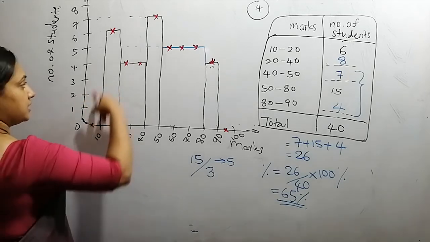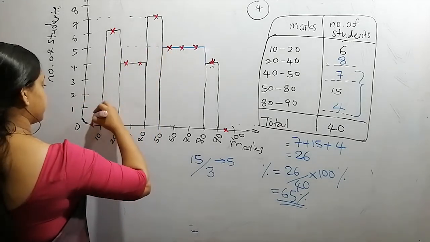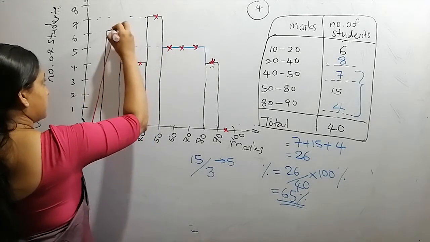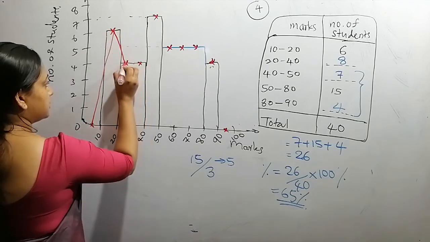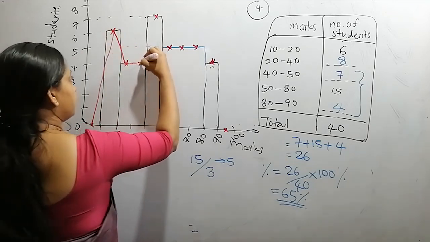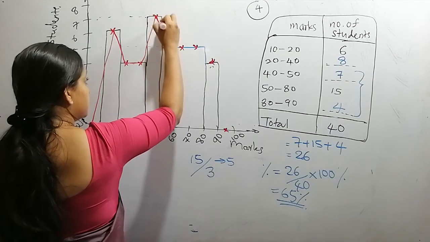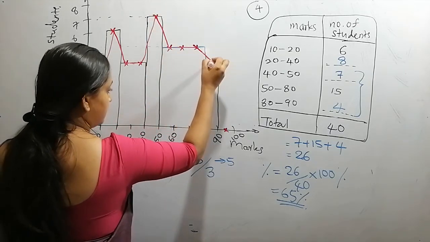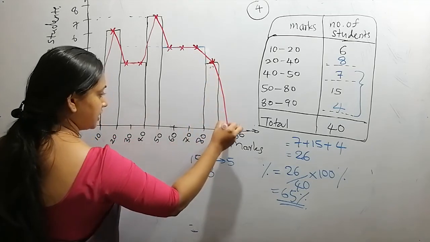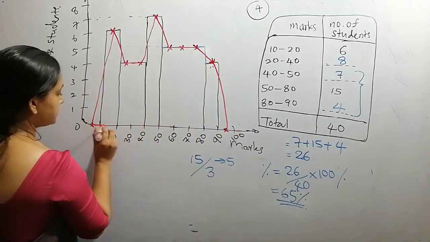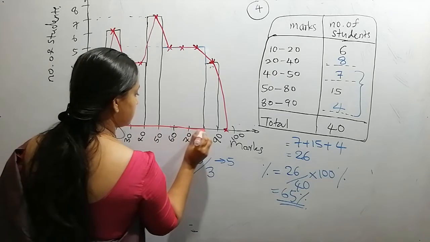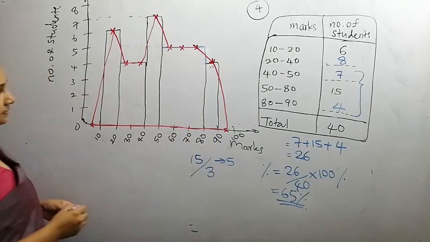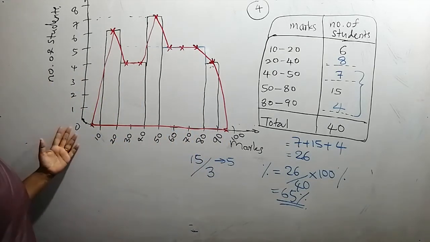Then we can complete these points. We have to join the adjacent points. Okay. We can't miss any point. And then this is the frequency polygon. You can get this one.